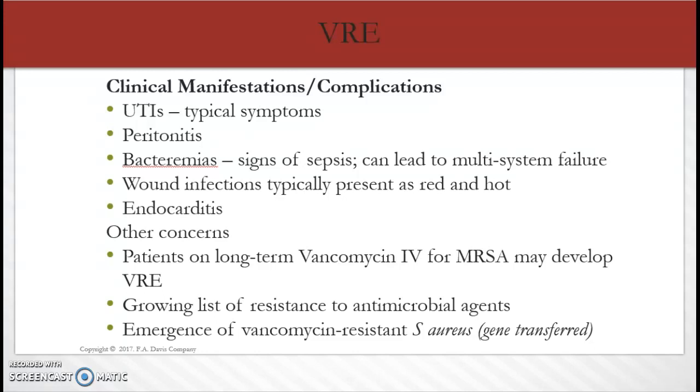As I said, patients on vanc for long periods of time for MRSA could develop a VRE. And then we are seeing some cross emergence of vancomycin-resistant Staph aureus as well, because a gene has been transferred between the 2 organisms from all this cross contamination issue.